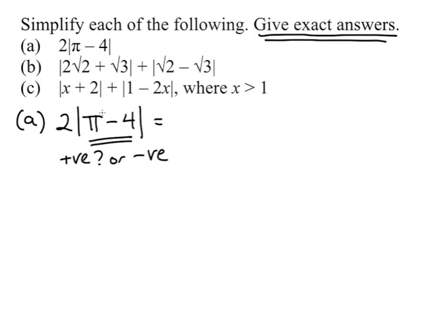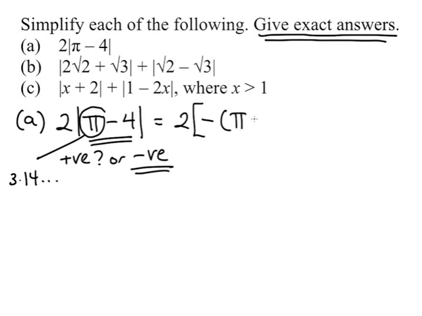We know that the value of pi is something like 3.14 and so on, which is less than 4. When we have a value which is less than 4 and we subtract 4 from it, what we get back is a negative value. And according to the definition of the absolute value function, if I have a negative value inside, when we remove the absolute value function we need to put a minus in front of the pi minus 4.